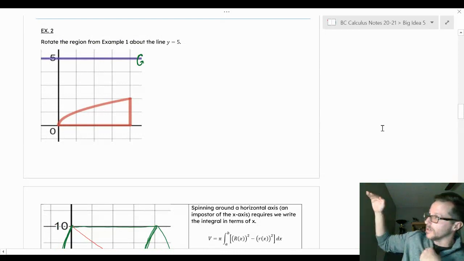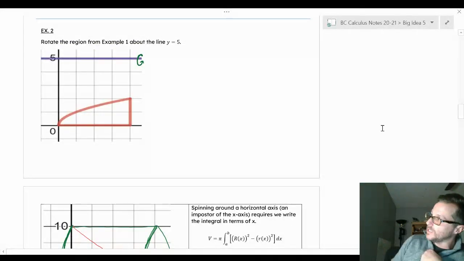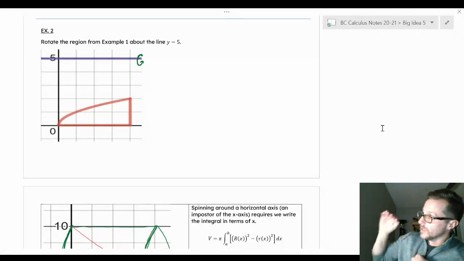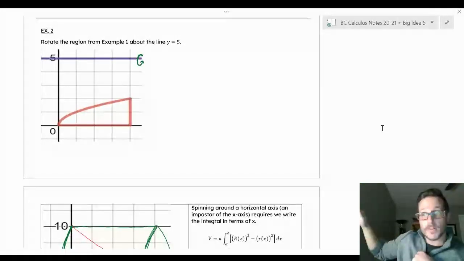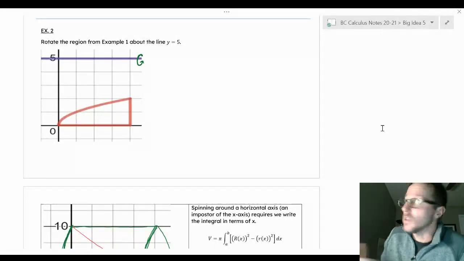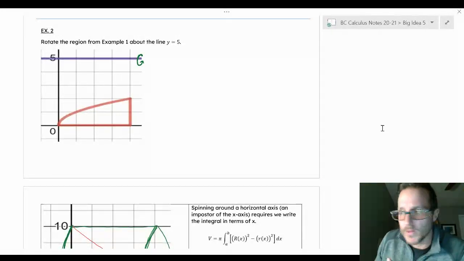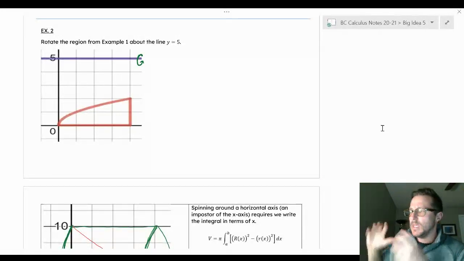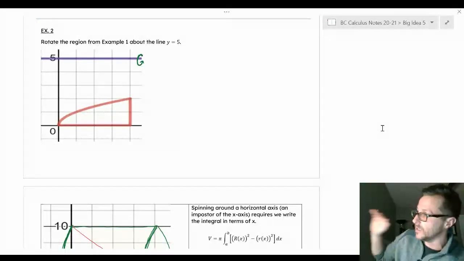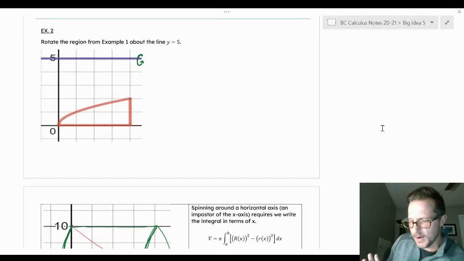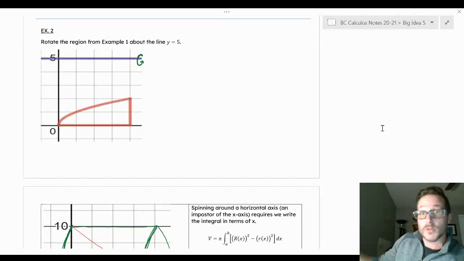The center, y equals 5, to the furthest piece away. So the distance between 5 and the x-axis, well, that means the big radius is always 5. The little radius then is the distance from the center, always from the center, to the closer boundary of that region, which is root x.